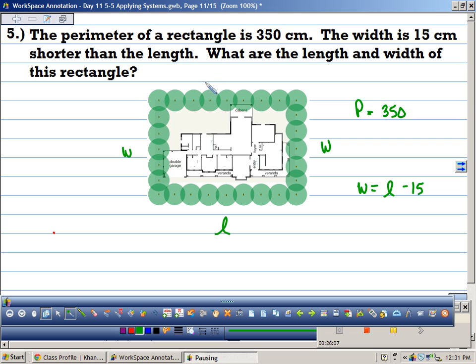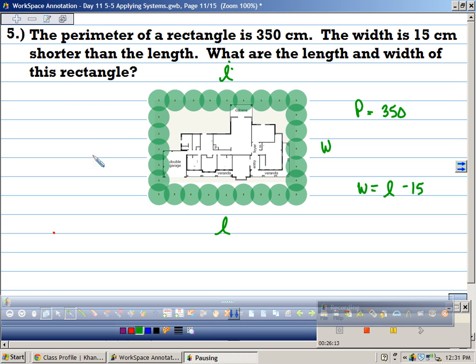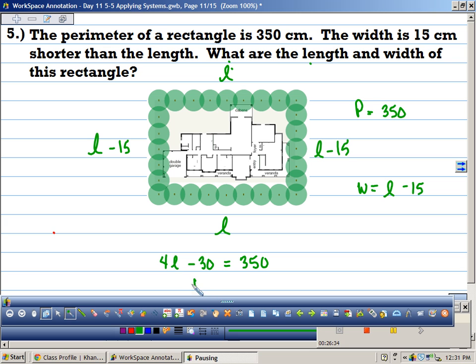So instead of width, I'm going to put length minus 15. I'll post this for you guys, okay? So now to go all the way around my figure, I would have 4 length minus 30 equals 350.